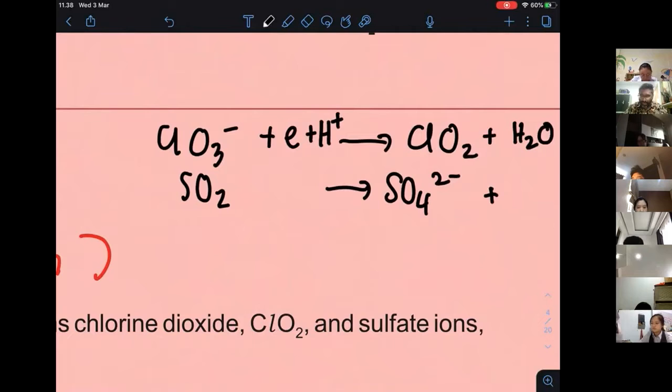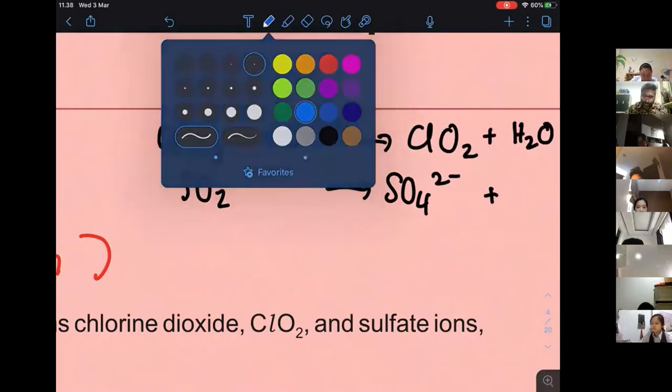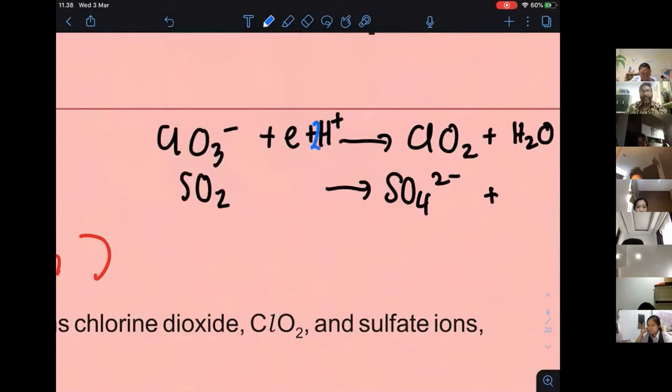Because you see H2, everything is balanced except for hydrogen. So I will include 2 there. And then we try to balance the electrons. How many electrons should I add? You see here, on my product side the charge is going to be 0. And at my reactant side, I have -1 and then 2H+, so that means +2.